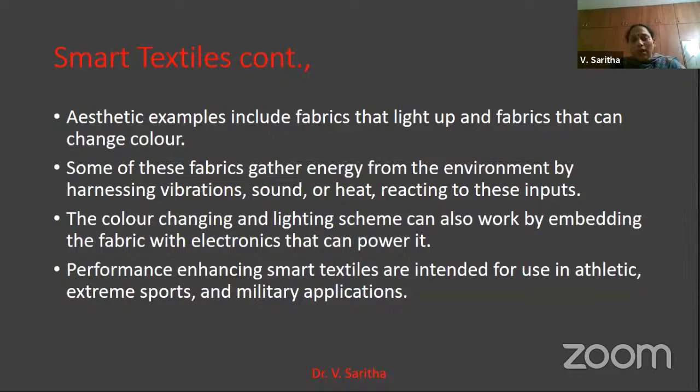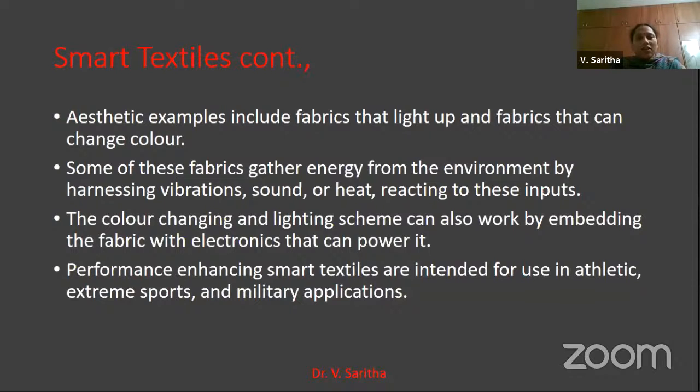So in the case of smart textiles, how are we going to provide the power? Based on the vibrations, sound, heat, and all these kind of things, we are going to provide power. So direct charging is not required in most of the cases. In detail I'll let you know at the end of the session.